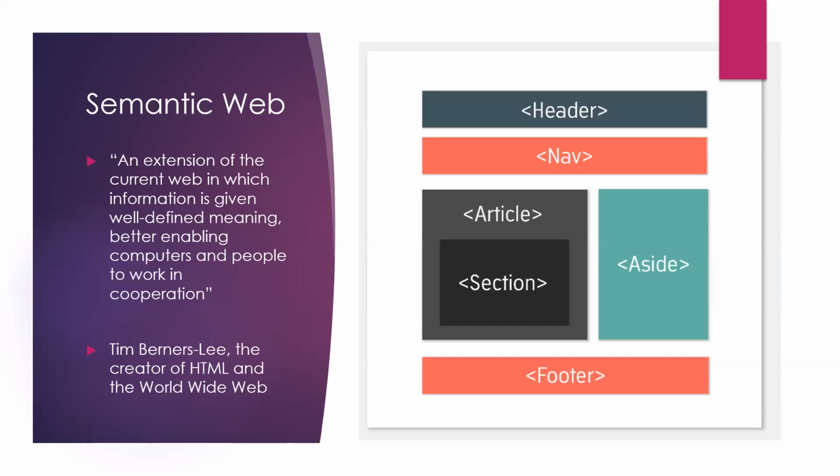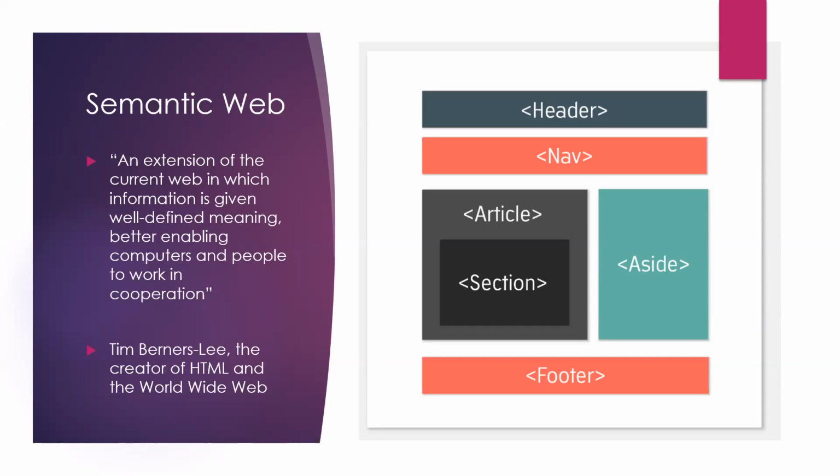Now, if you remember when I showed the structure of HTML earlier, I said we have the head, we have the body, right? Now, in HTML5, these things have been broken down into different things. Now, we have the header. That doesn't mean we still don't have the head, but now in the head, we can have the header.